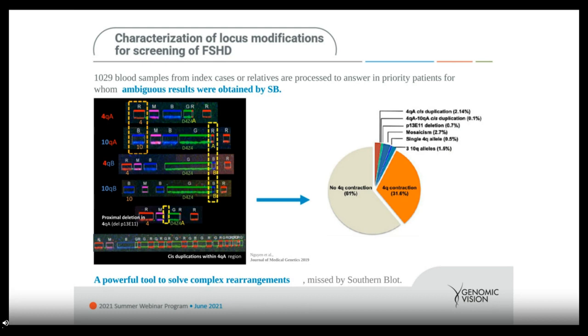In addition, as I mentioned before, it is possible to distinguish more complex rearrangements, such as a proximal deletion, where you see that the blue probe is missing, or a cis duplication, where there is a dash between the green and red. We also looked at other complex rearrangements, such as mosaicism, and in all of these patients, they are about 8%.